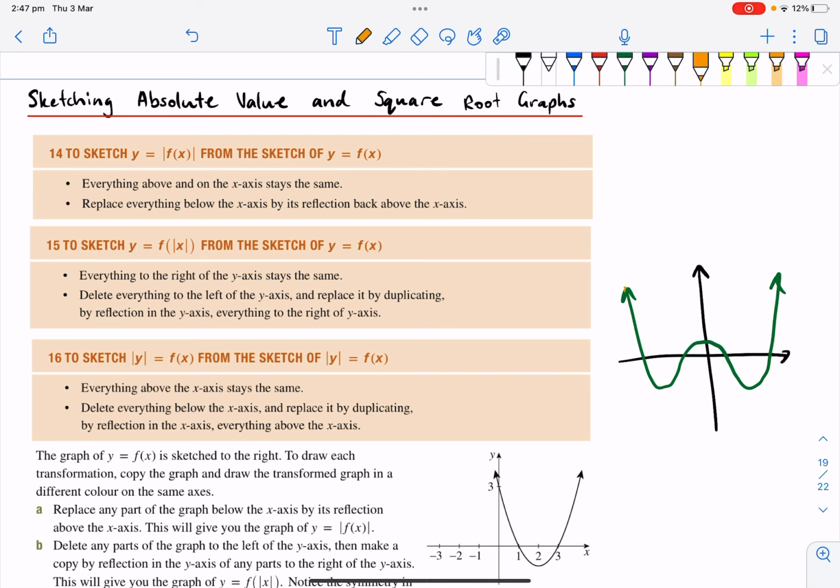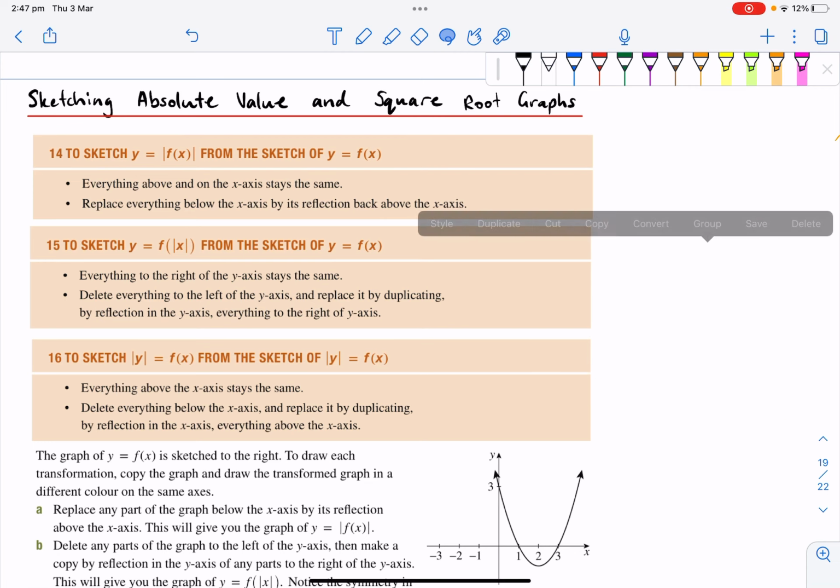Everything above stays, and everything below disappears, so that means they're all gone. But then everything is repeated below, like so. I'll try to make it as accurate as I can. You get an exact replica or replacement of the graphs in that way. That's what happens in the third case.